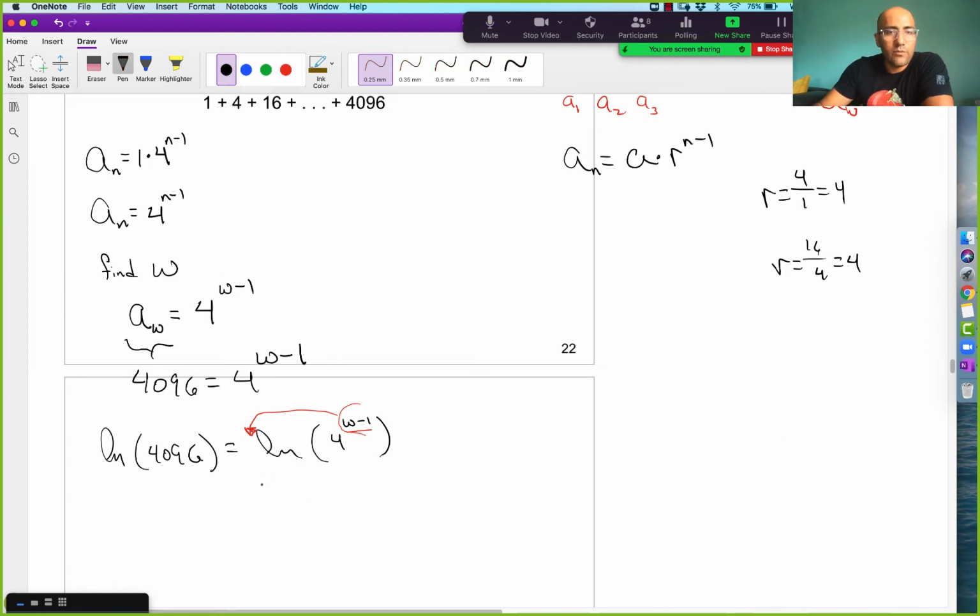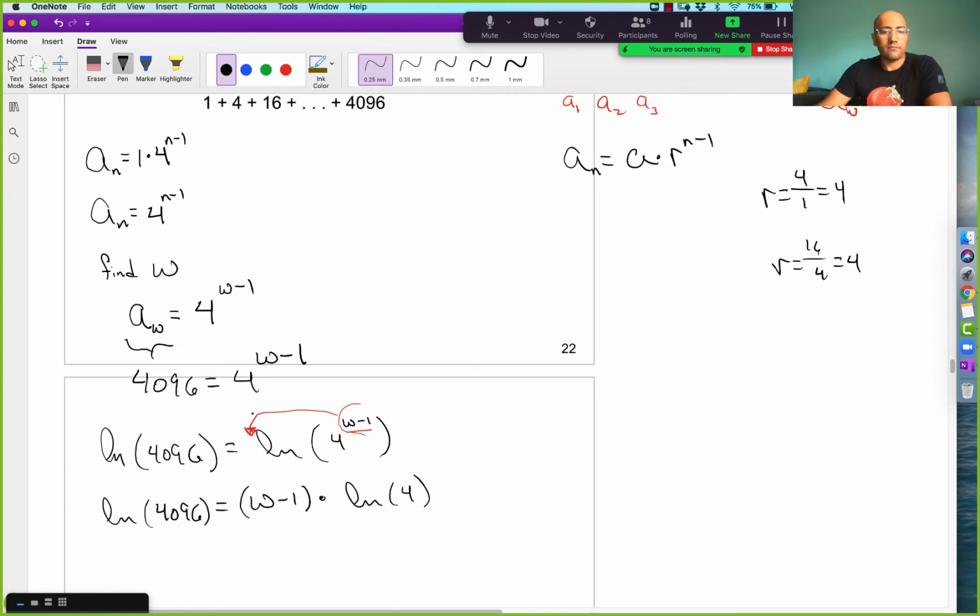So then we can rewrite that as w minus 1, parentheses, times ln of 4 equals ln of 4096.